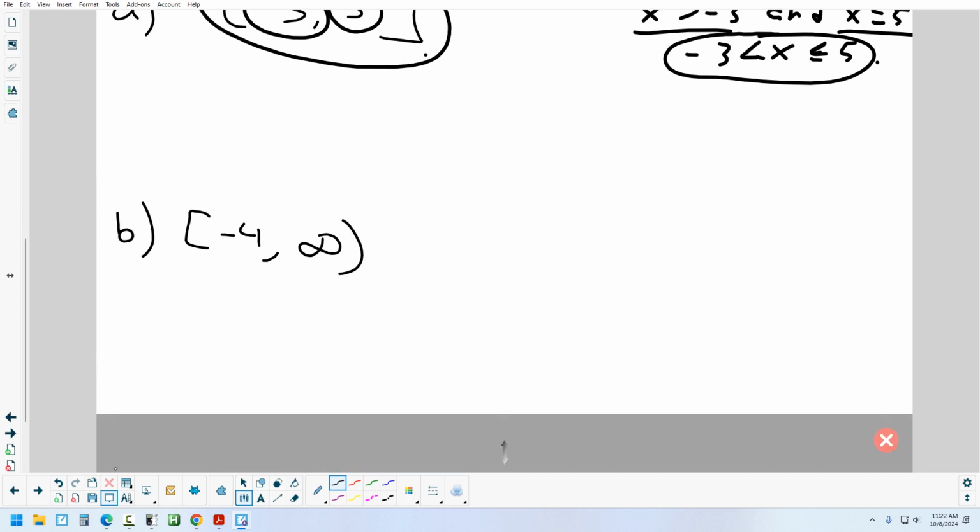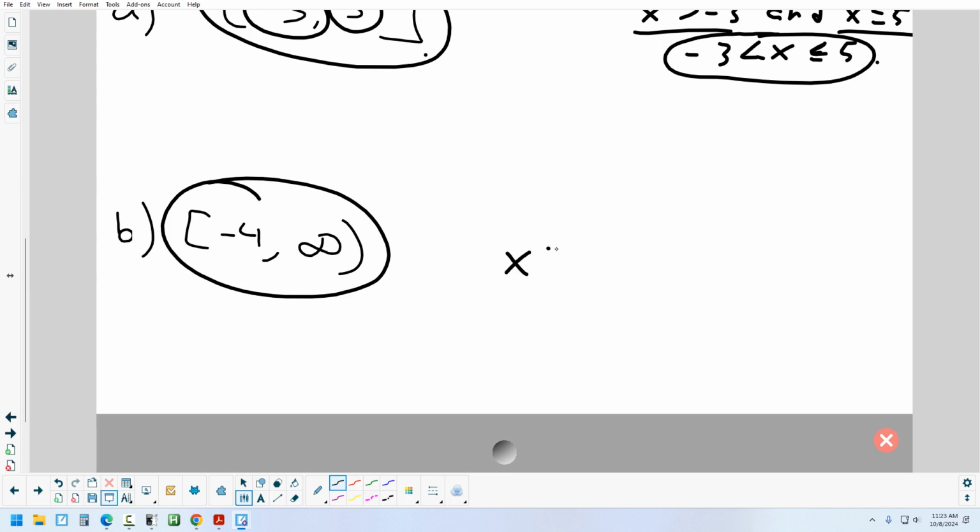Okay. What kind of interval is this one? Bounded or unbounded? Unbounded. So what kind of number can you pick based on that interval? Anything -4 or higher. Right.